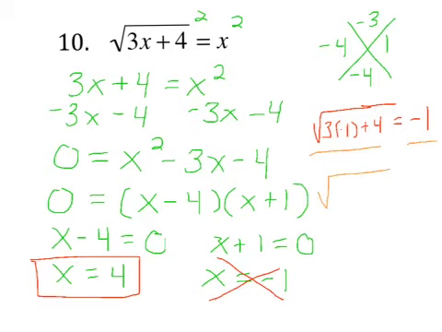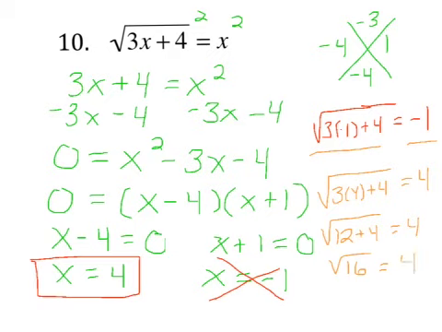If I plug in a 4, I'm all good, because then the square root equals a positive number. And if you want to really check to make sure you did it right, you can work the problem out and say, oh yes, I must have gotten the right answer because the square root of 16 does equal 4.